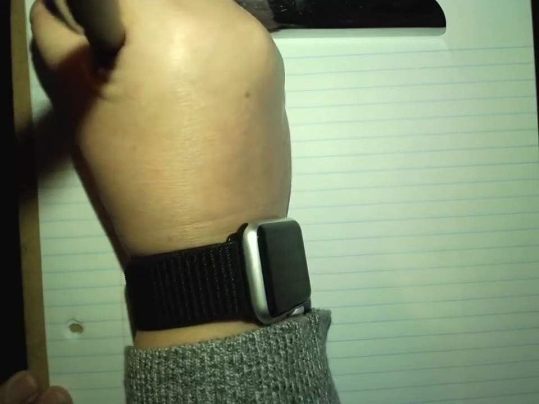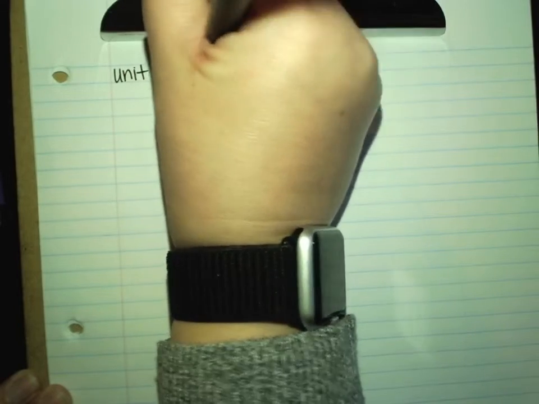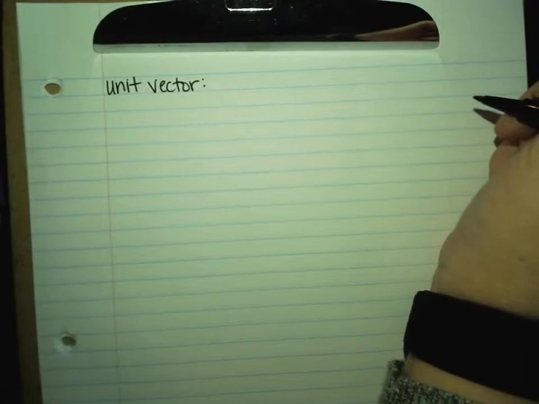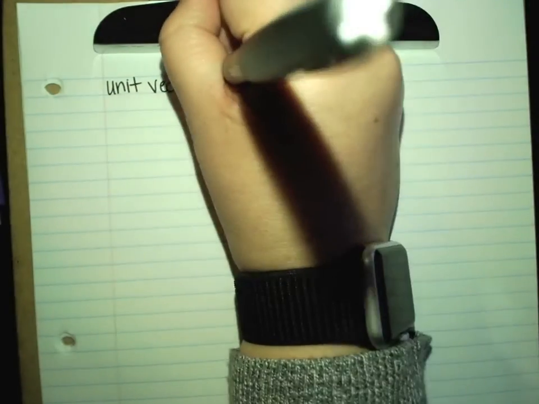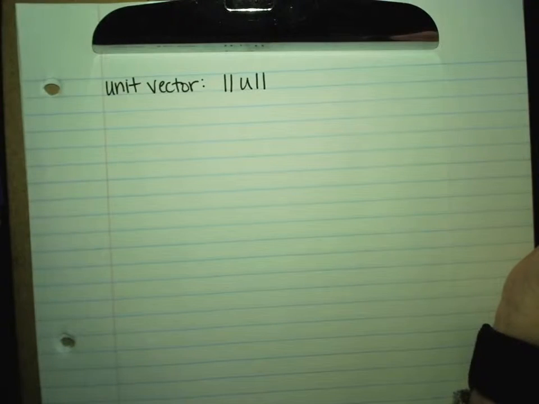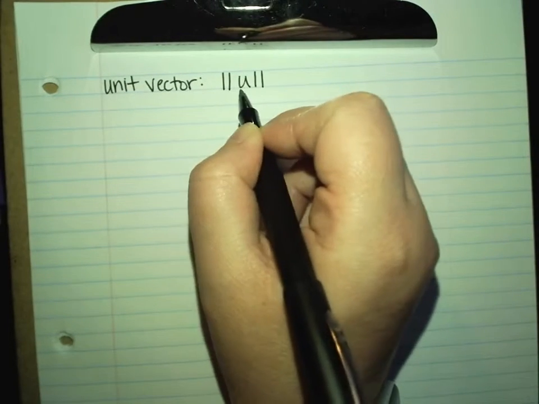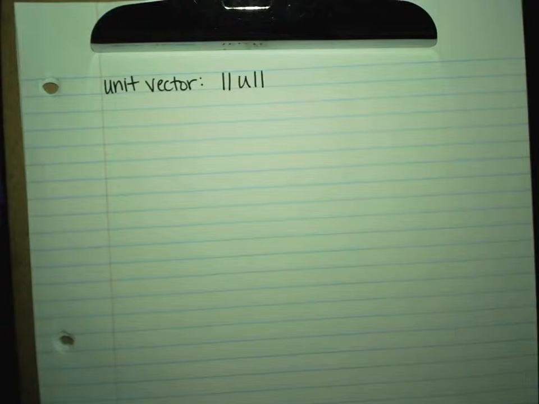Unit vector. So the unit vector magnitude, this is the magnitude, is kind of like a double absolute value type symbol.